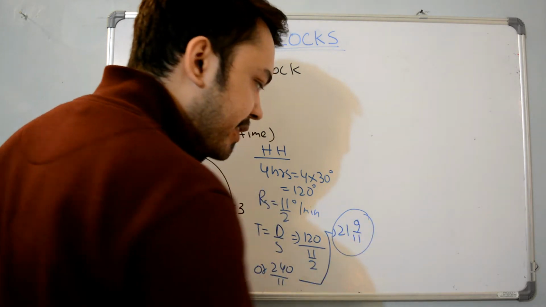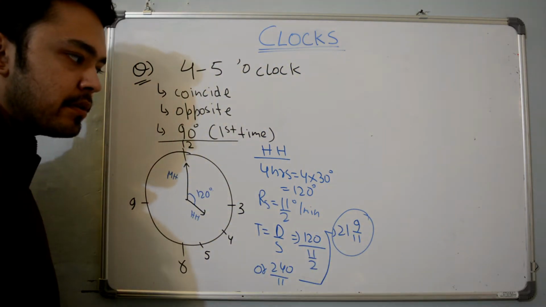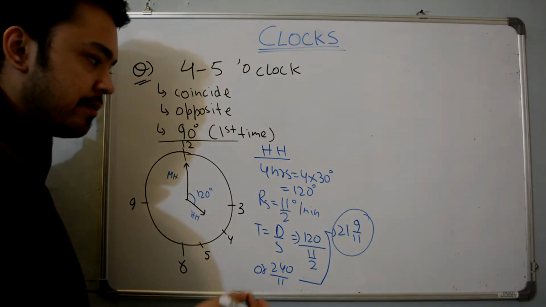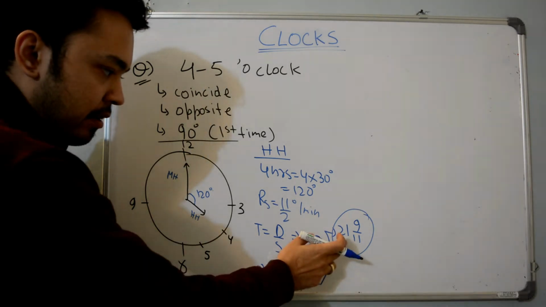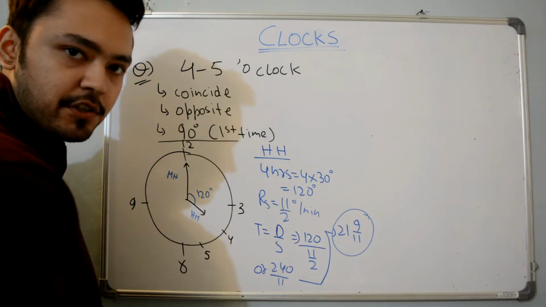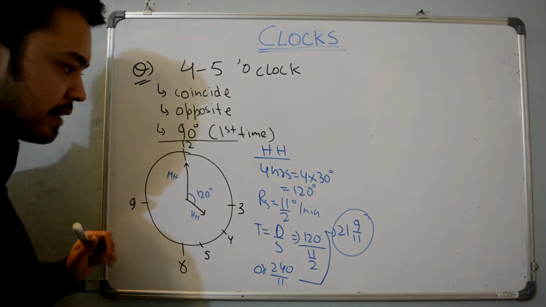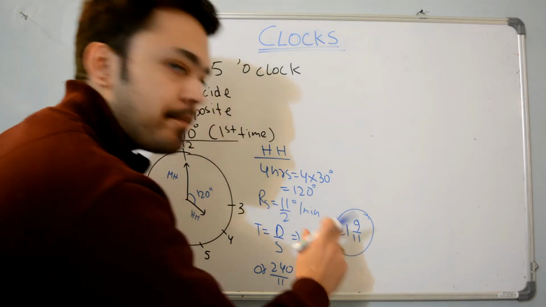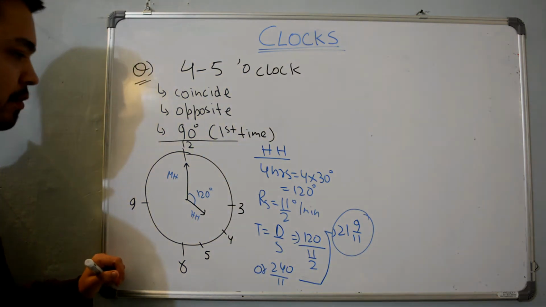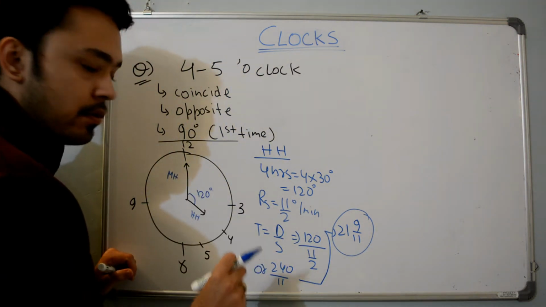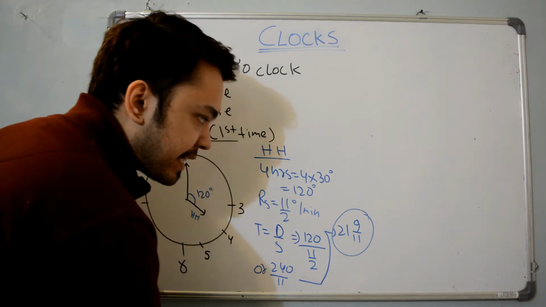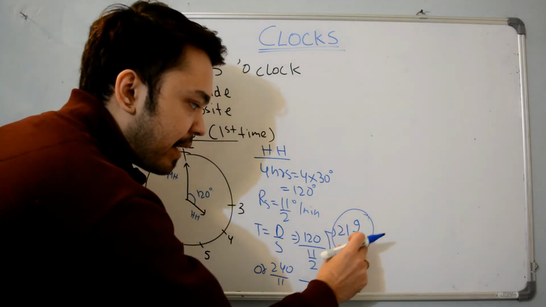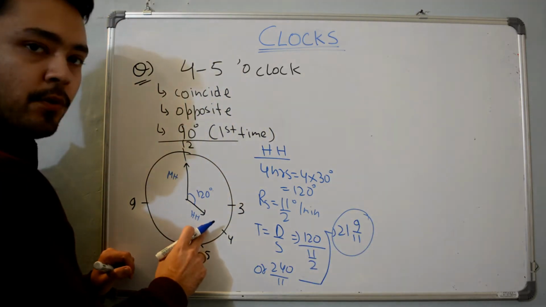Now you can leave your answer here because generally in the papers, the options are given in this mixed fraction format. But remember one thing, this is 21 minutes and 9 by 11 seconds, right? So at 4 hours 21 minutes 9 by 11 seconds they will coincide.